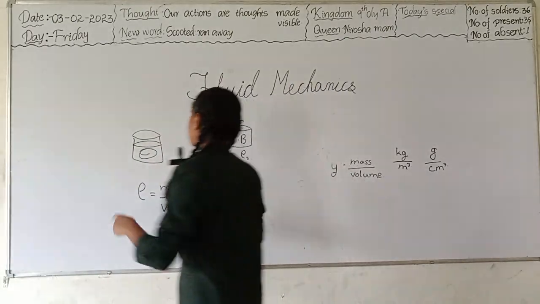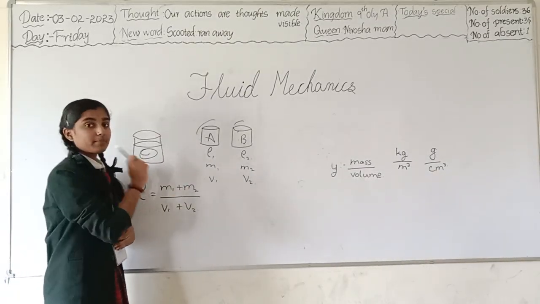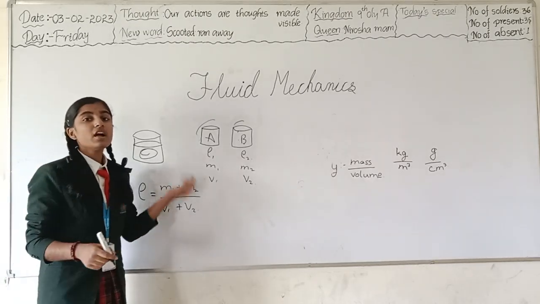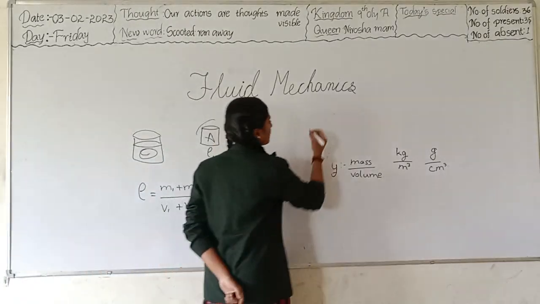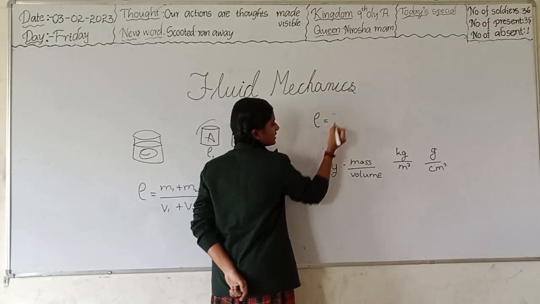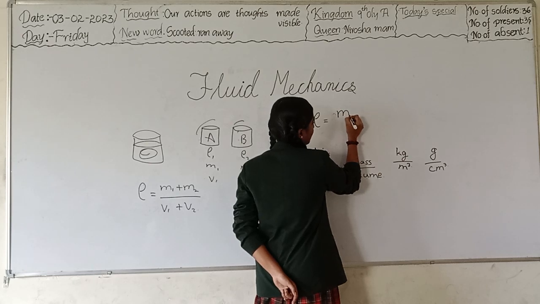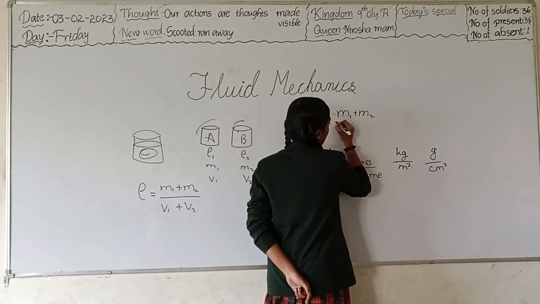For example, if we know only the densities and masses of the substances and we don't know the volume, still we can solve this problem. But how? Let me show you. Then the total density will be equal to m1 plus m2 over the volume.